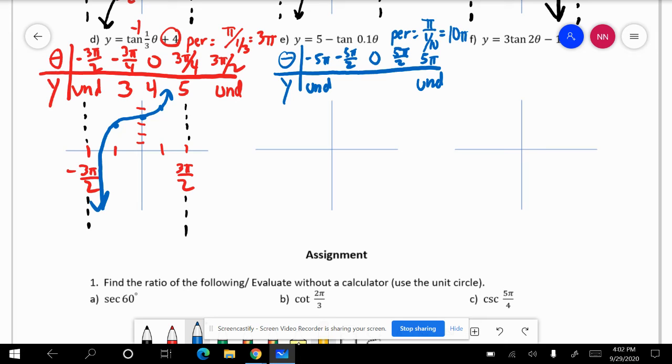When we plug in a negative 1, we get 6. When we plug in a 0, we get 5. And when we plug in a 1, we get 4. So hopefully you notice that in this case our tangent is negative, and that's why it's going down.